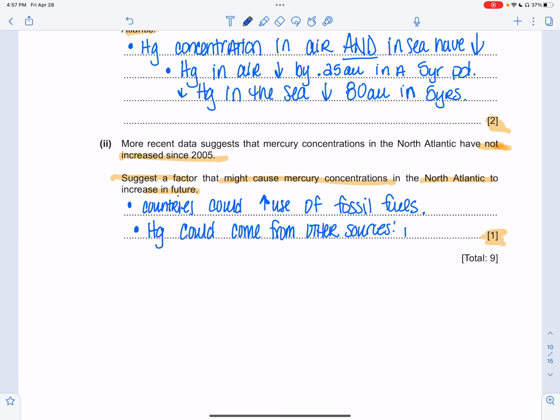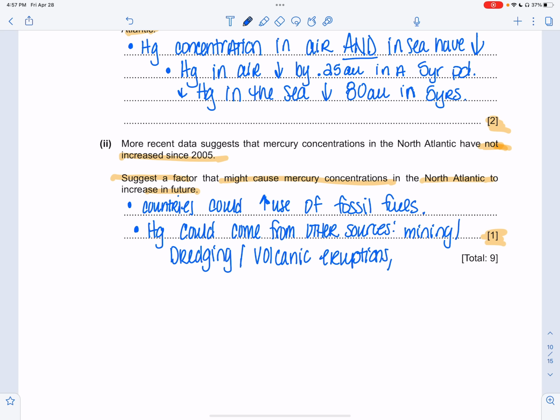That could be like mining, dredging. Dredging could displace the sediment, disturb the sediment at the bottom, including heavy metals. Volcanic eruptions, or even increasing the use of cars, but obviously not electric cars.